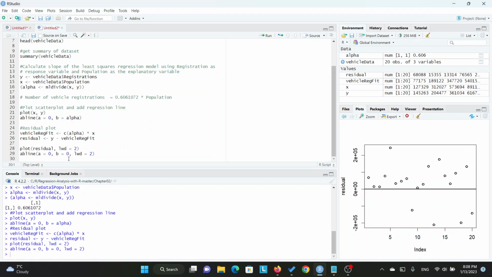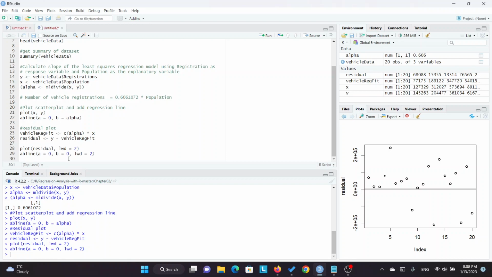And so as you can see in the residual plot, we plotted a line in the middle. That is to ensure that in order for our model to be a good model that fits well to our data set, we need to make sure that we don't have any patterns in the residual plot.